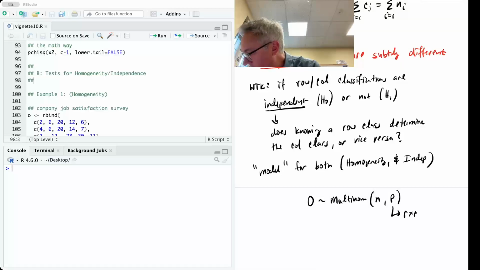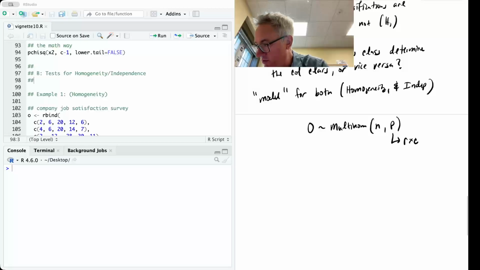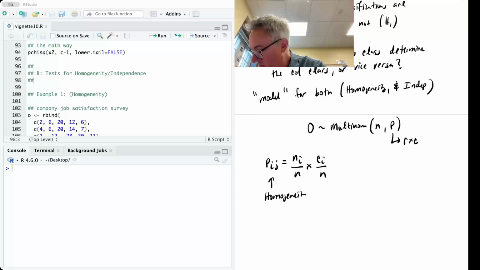It's an R by C matrix. In the case of homogeneity, the probabilities are Ni over N times Ci over N, so this is for homogeneity. And then for independence, we really have the same formula, but we use different notation.